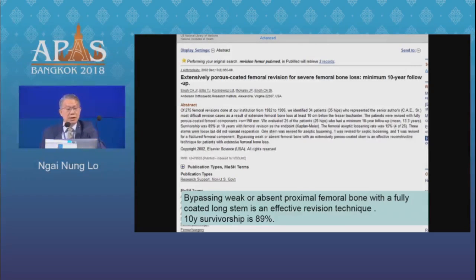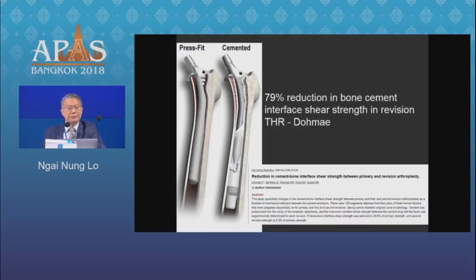And Charlie Ng here has written up way back, showing 10-year survivorship in the results of 90%, even in Paprosky type 3.